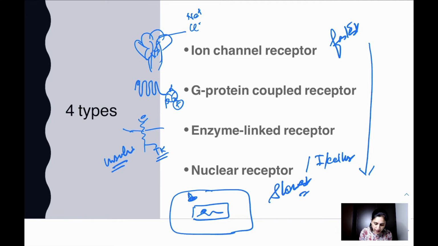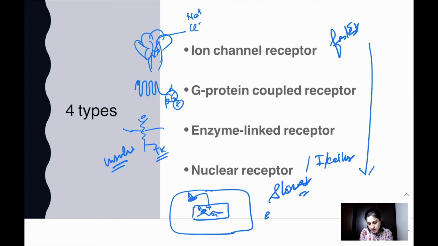Whenever the agonist binds to them, if it binds in the cytoplasm, it will enter the nucleus. If the receptor is already present in the nucleus itself, they will bind to the genetic material, the DNA, and certain changes are produced, transcription and protein synthesis. So ultimately that gives you the response. So these are your intracellular receptors.